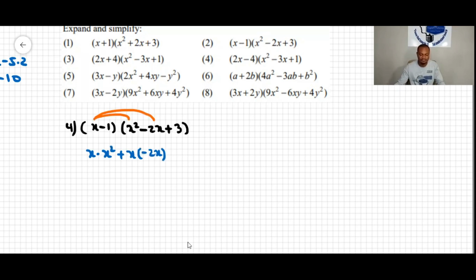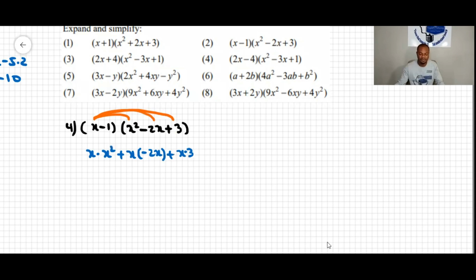And then we're going to do x times 3. So this makes plus x times 3. I'm going to use bracket just for the 3. I'm done with the x.